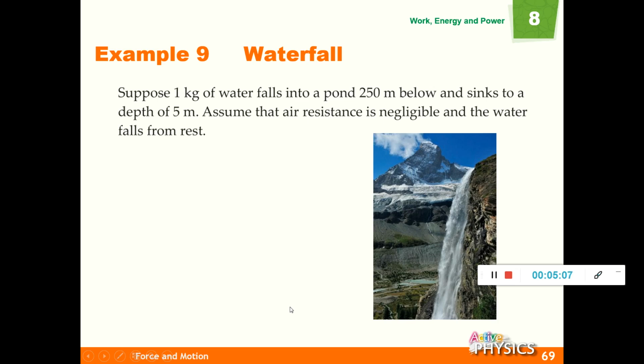Okay, next question. Next example. Example 9. Waterfall. The question tells you that the waterfall is quite high, 250 meters, and the water will go into the pool under the cliff and stop after 5 meters.